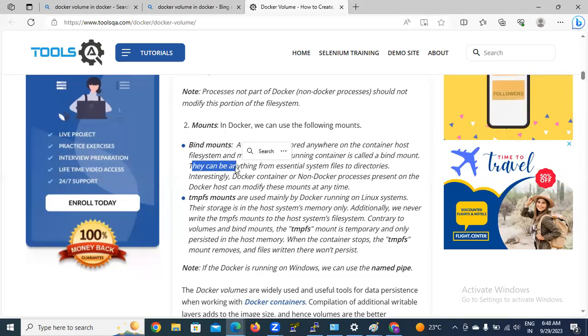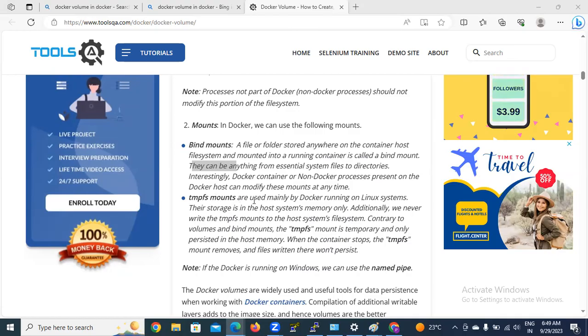They can be anything from an essential system file to a directory. Interestingly, Docker containers and non-Docker processes present on the Docker host can modify these mounts at any time.